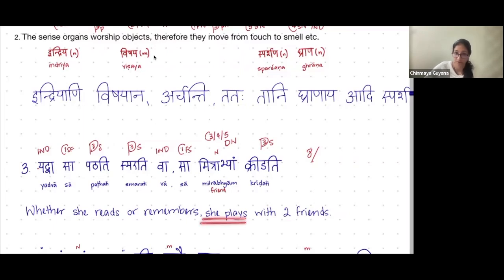She plays, that she plays has to be correct. And she reads and remembers. So she reads, remembers, is reading, is remembering, studies, whatever you use, no problem. 1 point, 2 point, 3 points, 4 points. This one is out of 4. Few key things you had to get right, and the exact translation doesn't matter.